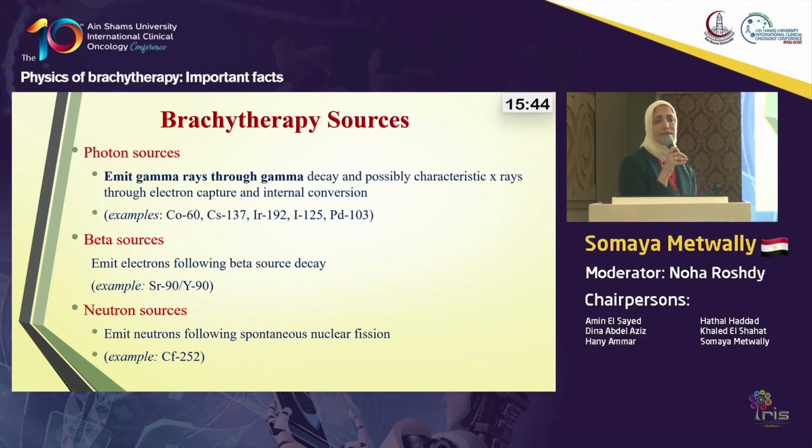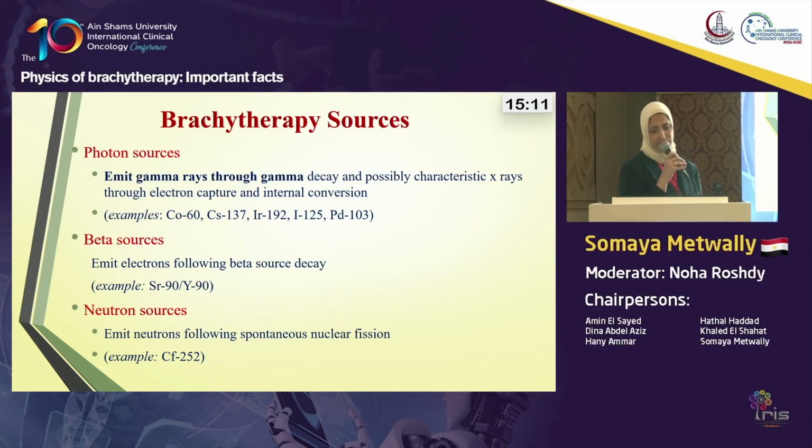What are the brachytherapy sources? We have different sources, and of course, it depends on the emission of particles. So we have photon sources, in which gamma rays are emitted through gamma decay, and occasionally a characteristic X-ray may be emitted through electron capture, which occurs during internal conversion in the fission processes.